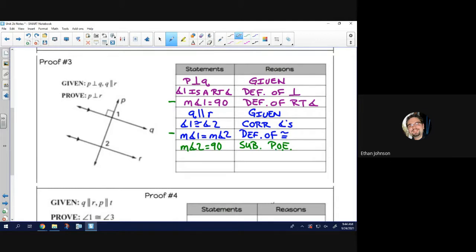Well, I have an angle equal to 90 degrees. That is a special angle. We know that that angle is a right angle then. So angle 2 has to be a right angle, because that's what a right angle means, so definition of a right angle.